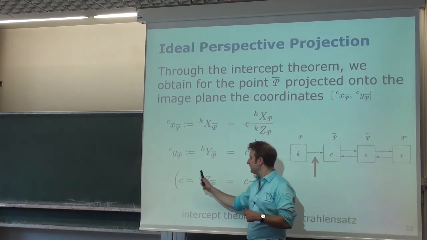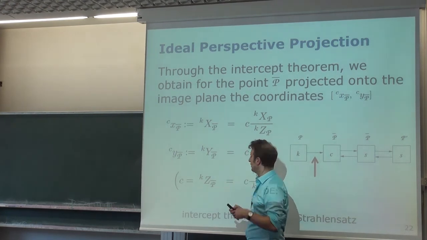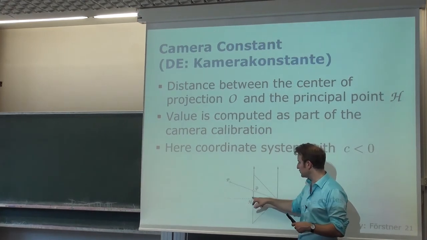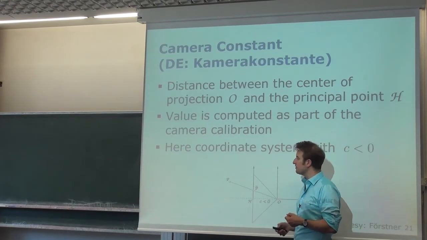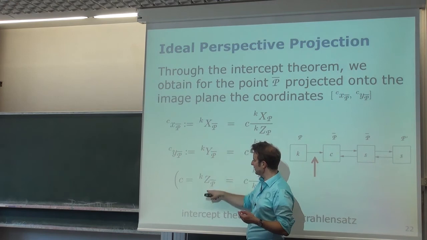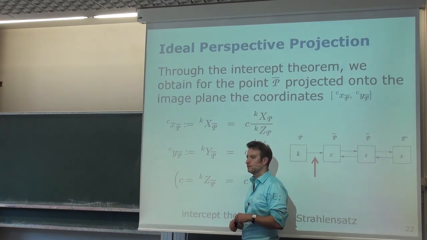So the third coordinate is always mapped to c. This makes sense because this is the distance from the origin of the image plane. Everything, all the depth values, are mapped to my camera constant.